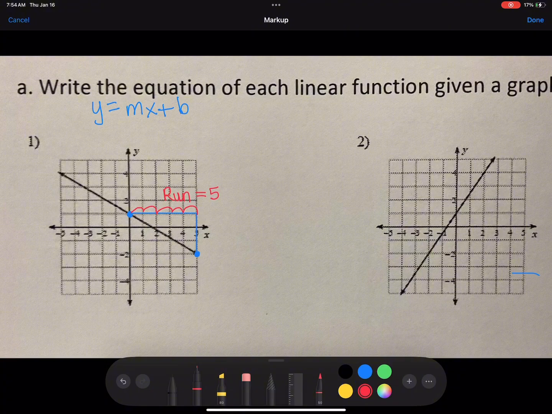So I found my run. I count over 5. And because it's a negative, my rise is what is causing it to be negative. And so we will have -3. So I'm going to rewrite that as my slope is equal to my rise, which is -3, over my run, which is -5.